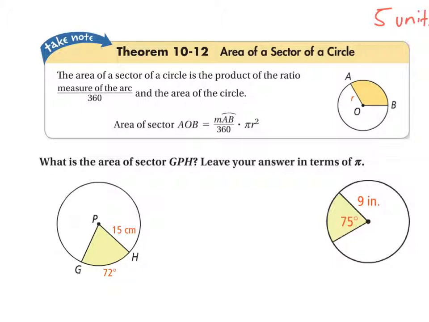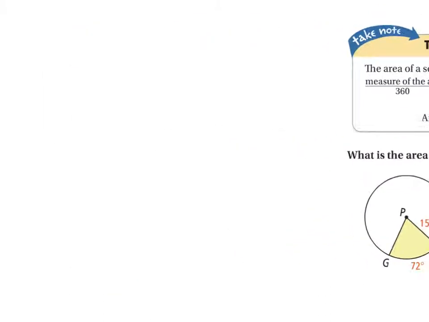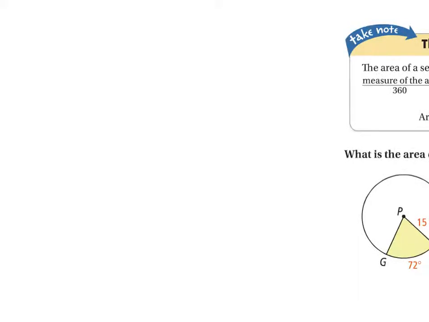All right, so all we're doing is finding the area of a slice of pizza, all right? And just like arc length, this is just a fraction of the area. Arc length is just a fraction of the circumference, right? So this is done the exact same way. And just to prove that point, what if I have a circle that has an area of 20 square inches?